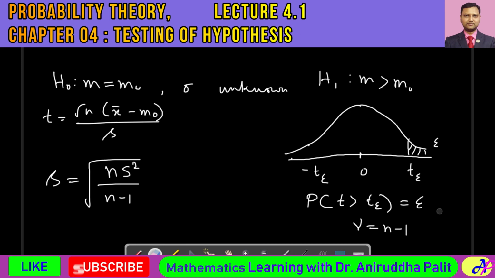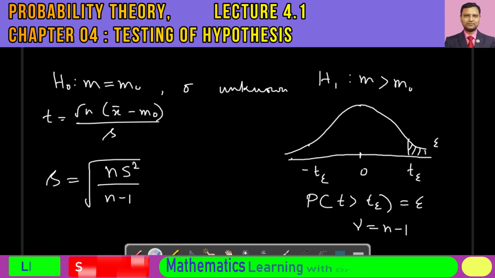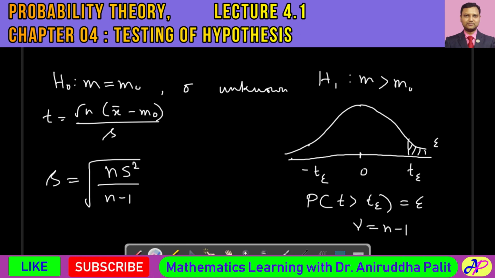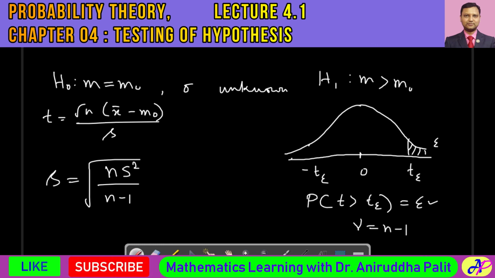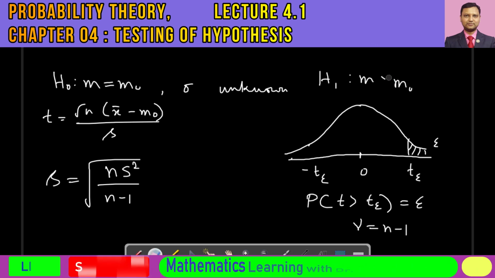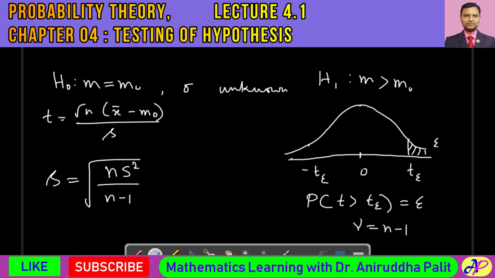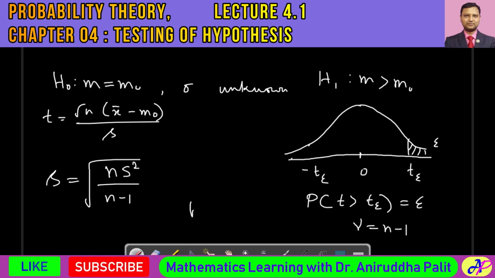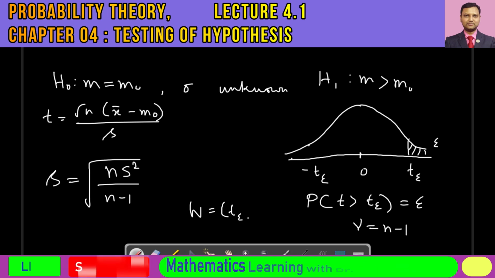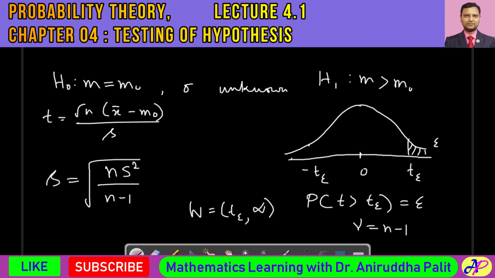So in that case, this would be the corresponding relation. Okay, probability t greater than t epsilon should be equal to epsilon with nu equal to n minus 1 degrees of freedom. And again, oh, I forgot to mention, the critical region in such cases would be t epsilon to infinity.